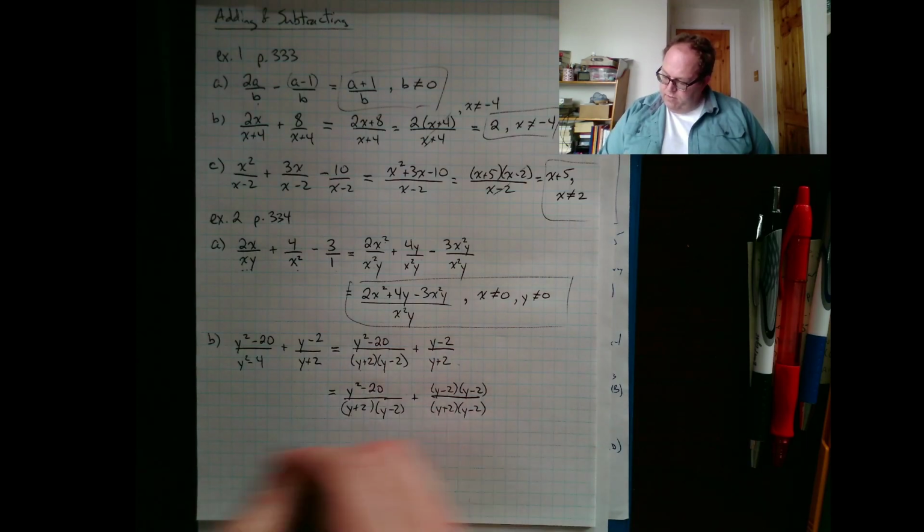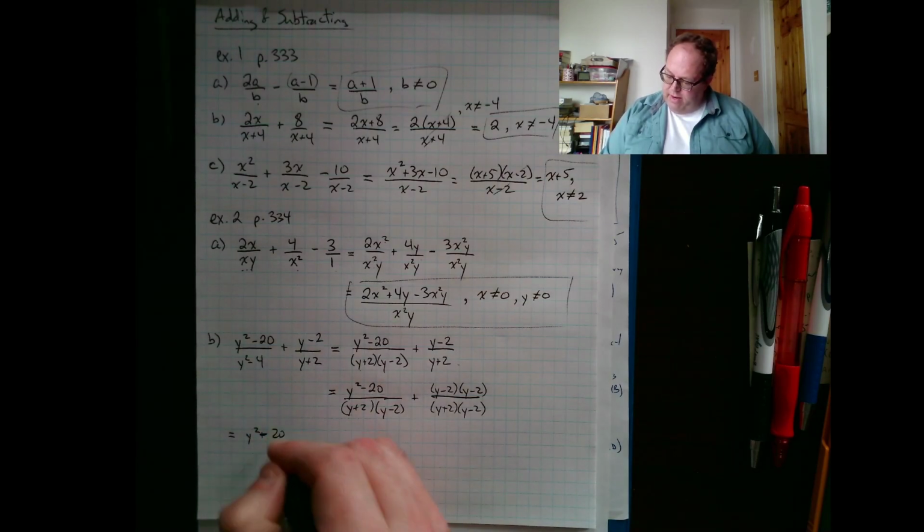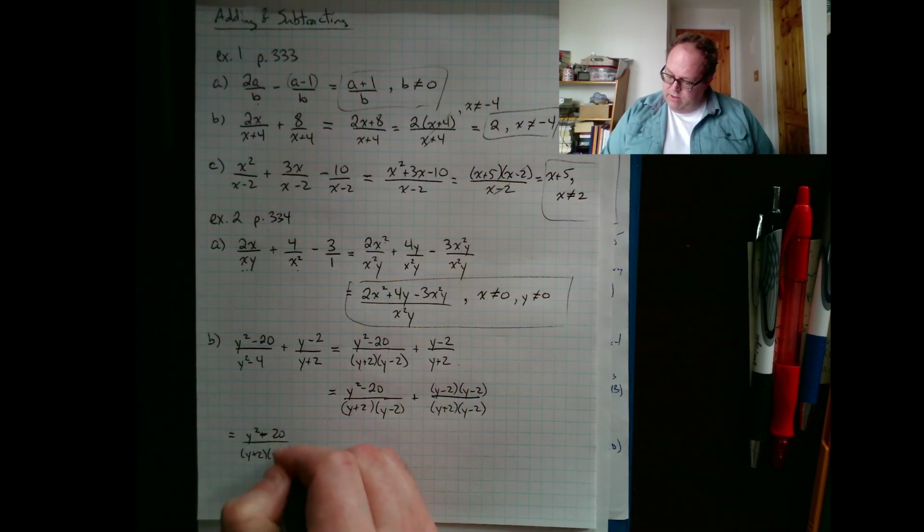I'll start over here. So my first expression stays the y squared minus 20 over y plus 2 times y minus 2.